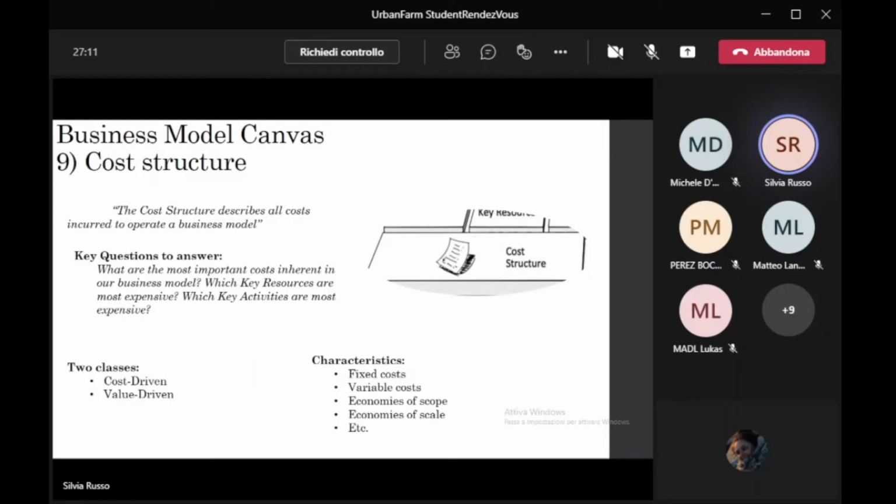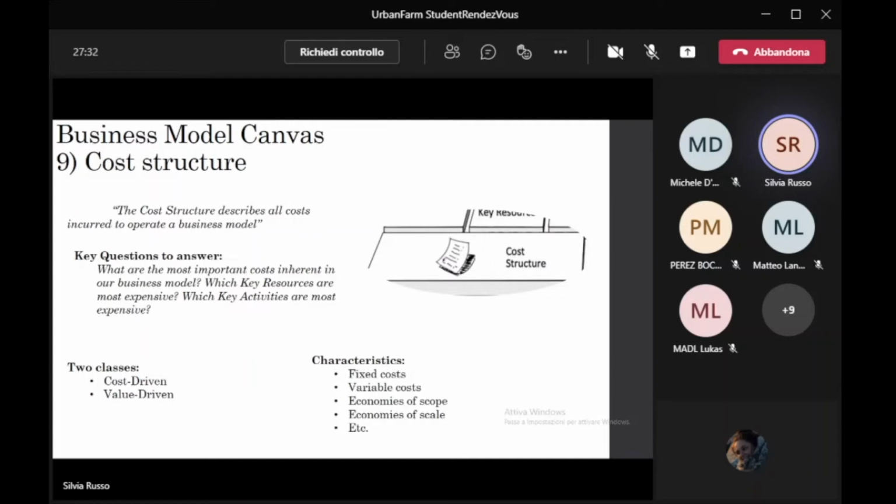In particular, cost-driven business models focus on reducing costs wherever possible. This approach aims at creating and maintaining the leanest cost structure, using a low price value proposition.